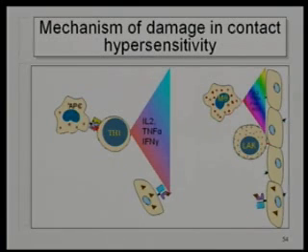Then, of course, fibroblasts that also have class 1 antigens, and they are going to recruit pre-Tc cells, and they are going to get activated. And once they are activated, they have got more of these granules, and these granules, perforin and granzymes, are going to cause damage to the local area.